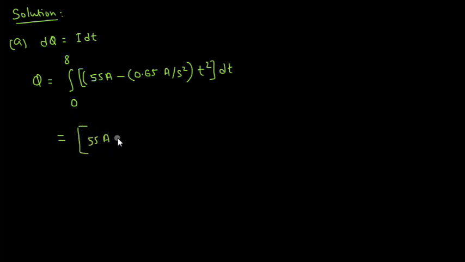55 A t minus 0.217 A per s square t cube, and here are the limits. Upon solving the integration, dt's integration is t, and t square's integration is t cube by 3.